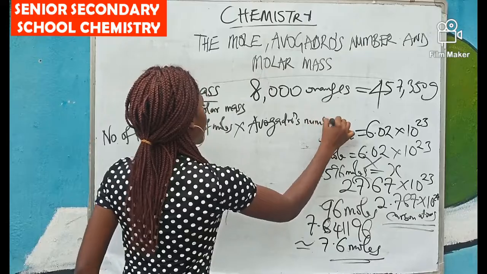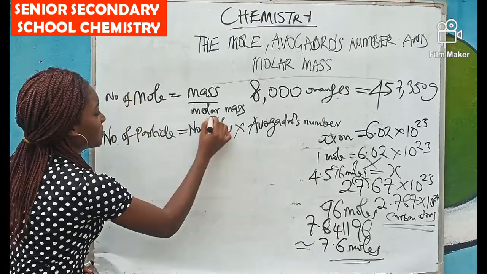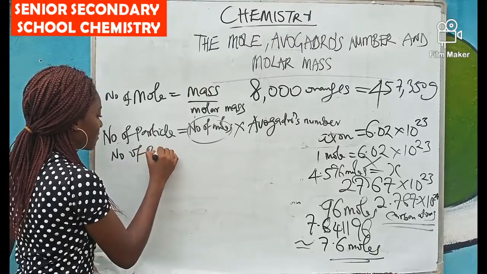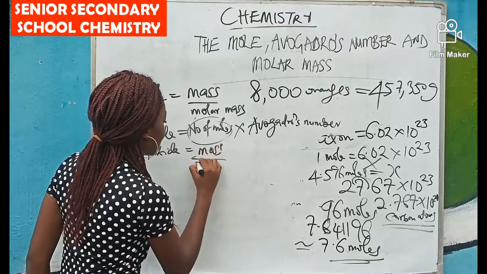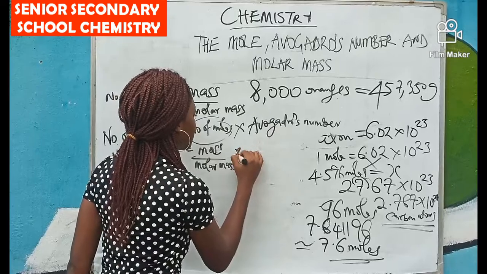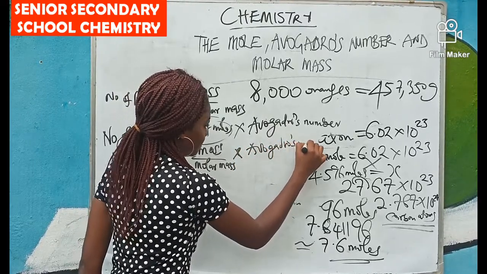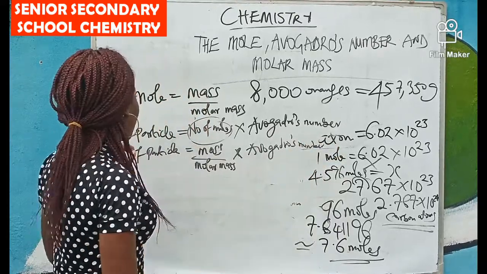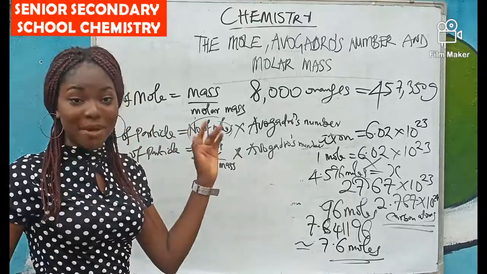Okay, now the number of mole, you can replace this with this. So your number of particle is equal to mass over molar mass times the Avogadro's number. Okay, so I'm going to give us an example, and I'm going to solve using the equating technique and the formula method.